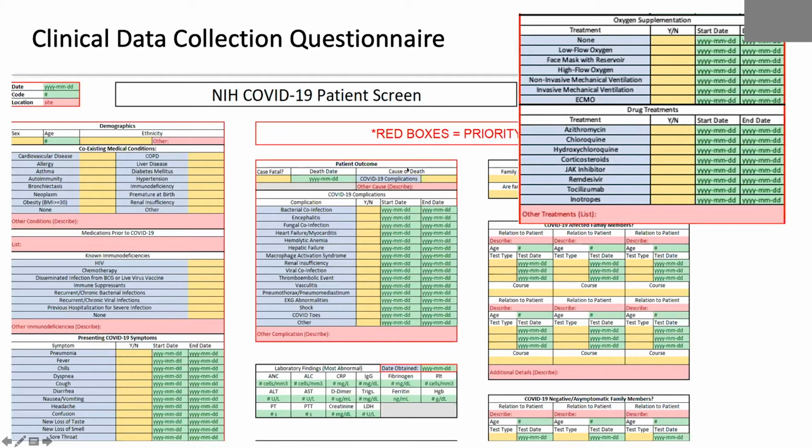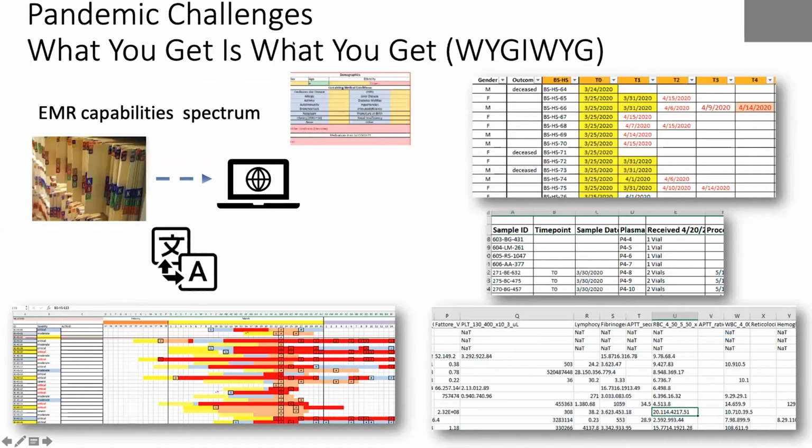That was their goal. However, this is a pandemic, not a clinical trial. The clinicians are more interested in treatment than in getting you all of the data in exactly the format you want. Moreover, some sites have very good EMR capabilities, and others really have paper records.